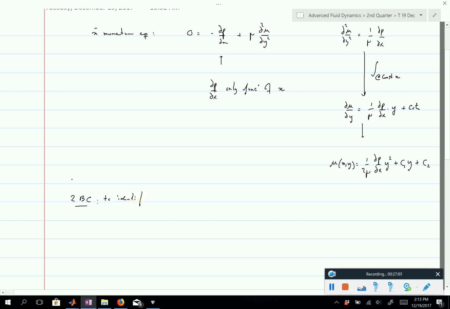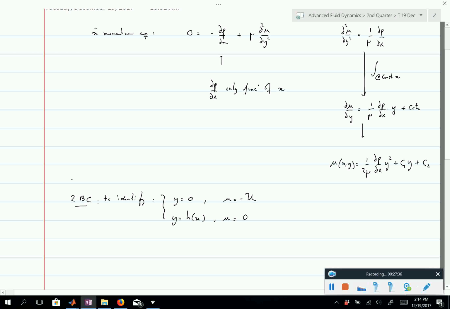At the lower surface, yes, so at y is equal to 0, we have that u is equal to minus capital U, and at y is equal to h of x, right? u is equal to 0.